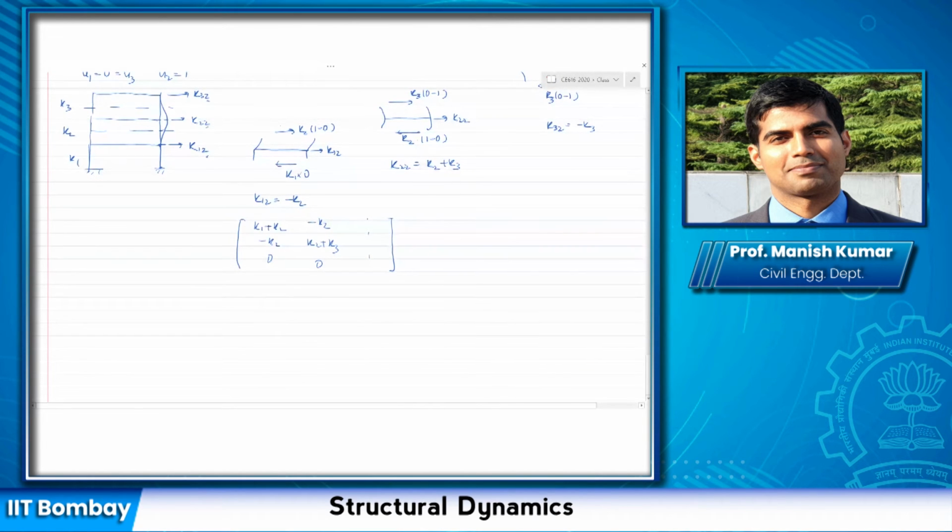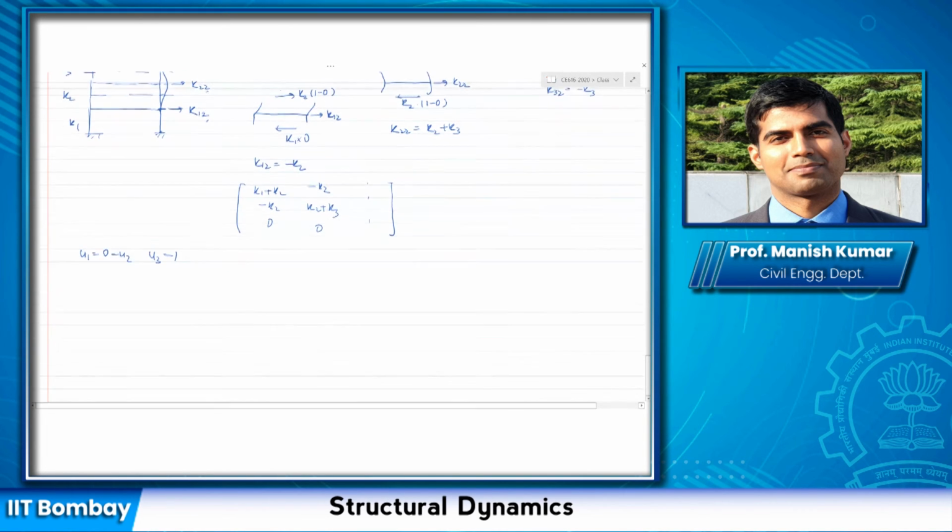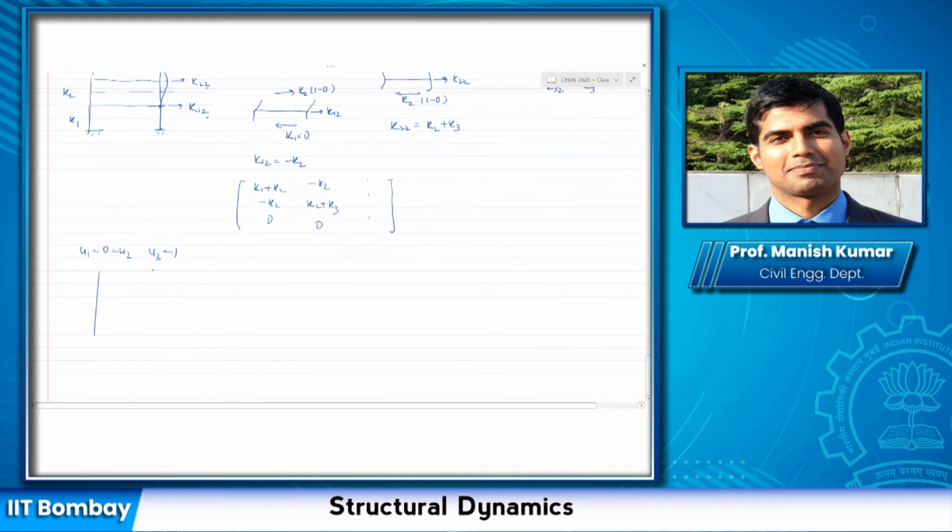Okay, by doing exactly the same thing, U1 equal to U2 equal to 0 and U3 equal to 1. So in this case, it would look like something, let us say these are the degrees of freedom, the deformed shape. Okay, and then you can cut it. This is relatively easier because in this case, there is no force here because there is no force at this level from above and below.